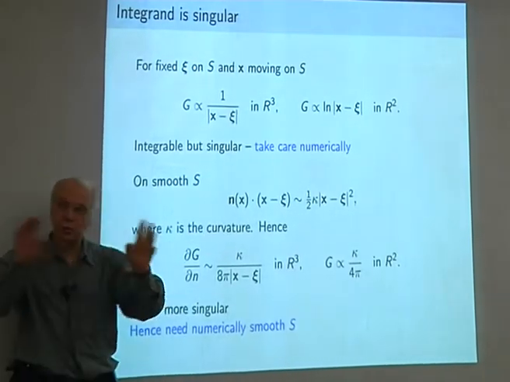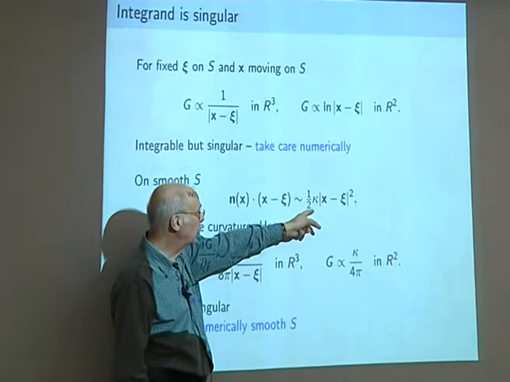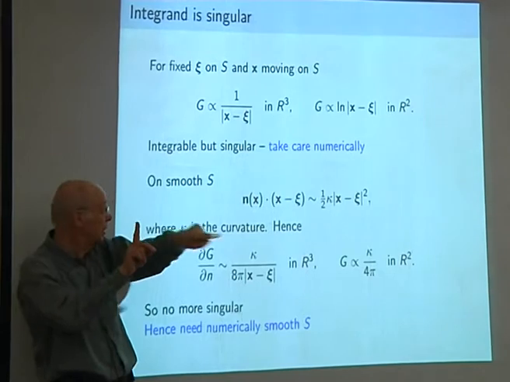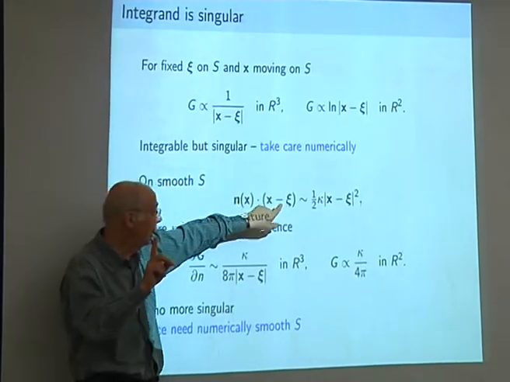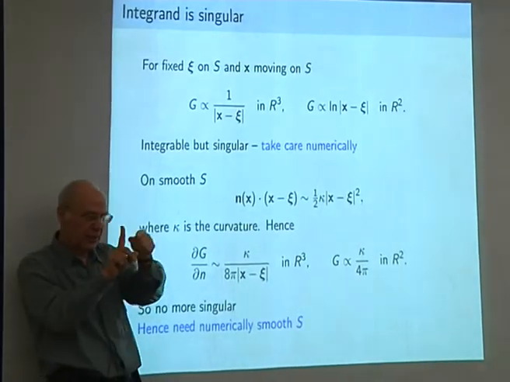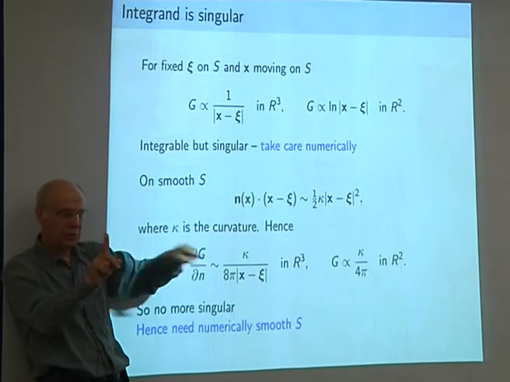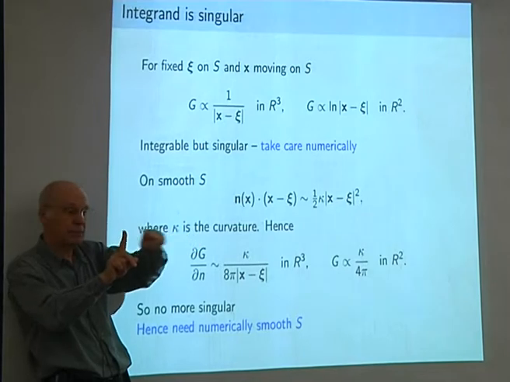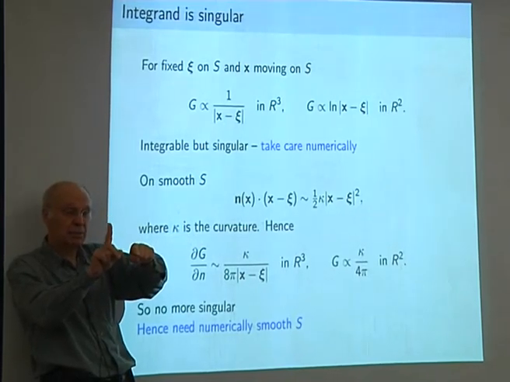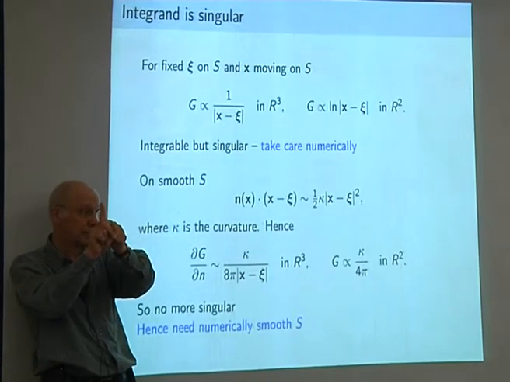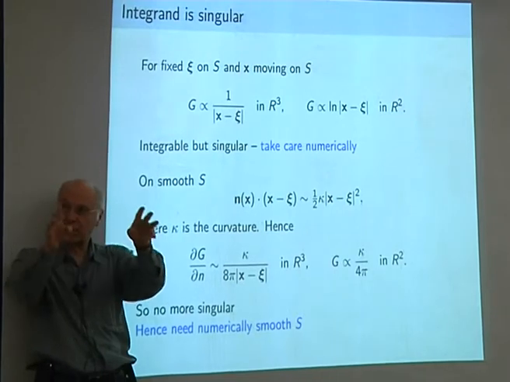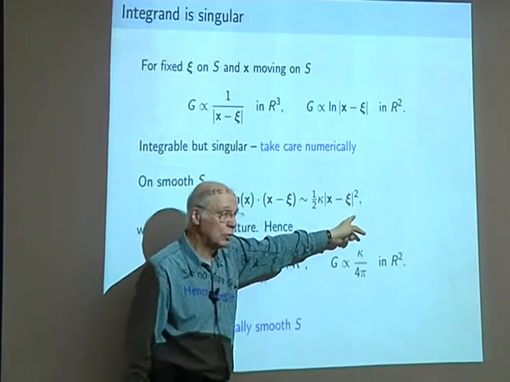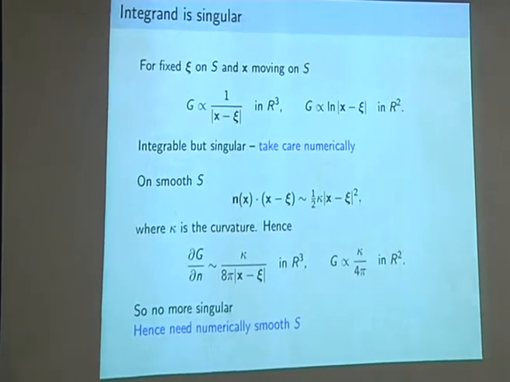On a smooth boundary, psi is some point on the boundary, and I'm integrating with respect to x along the boundary. If it's a flat boundary, then x minus psi is perpendicular to the normal. But the surface is curved, and so there's a quadratic curvature term.